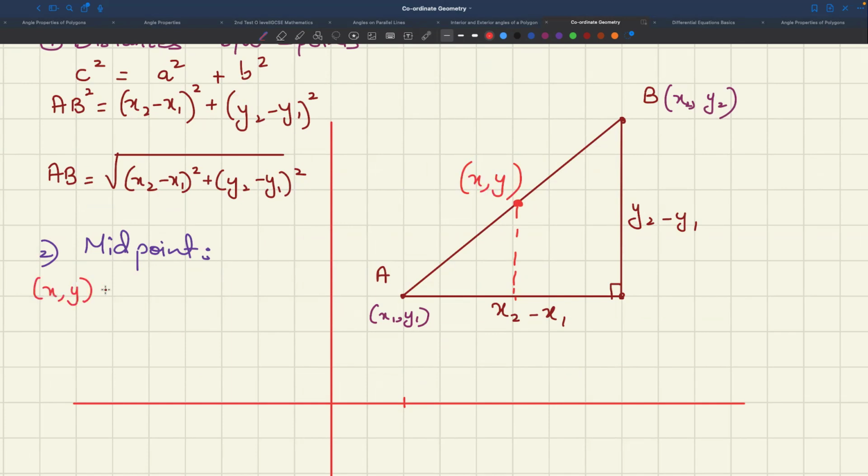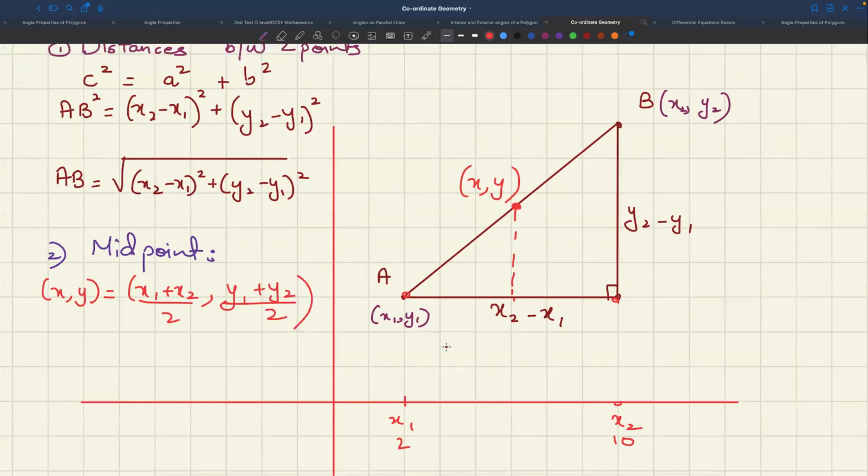So how do I find the midpoint of these 2 points? This is x1 and this is x2. Let's say this is 2 and 10. We add, so we will write x1 plus x2 upon 2, comma. I will not spend too much time on this. Okay, so that is the midpoint.